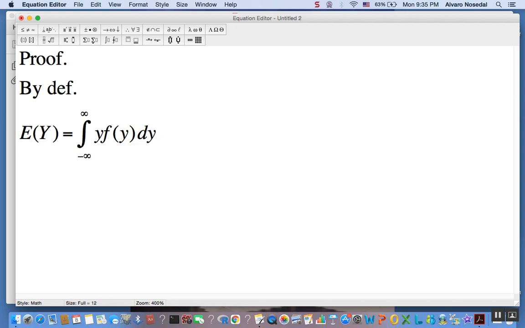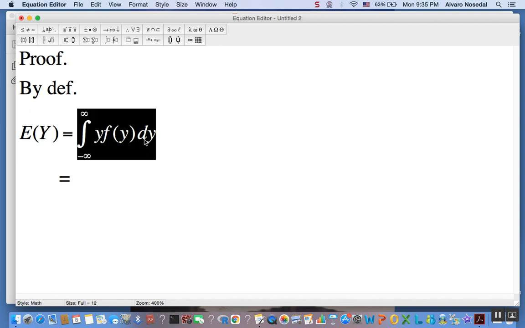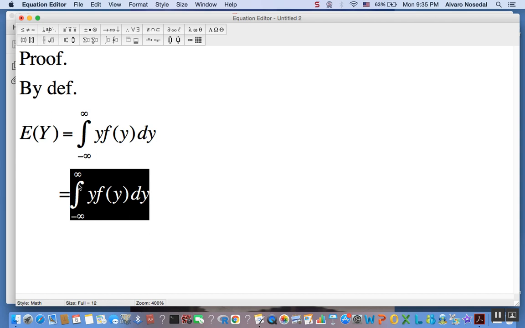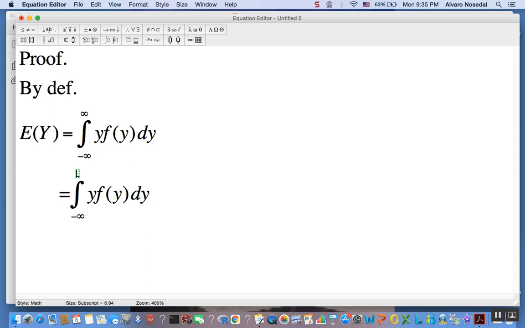Agreed? No problem, right? We've done that before. That's kind of the generic formula. But now we know that we have to substitute the PDF in this particular case.